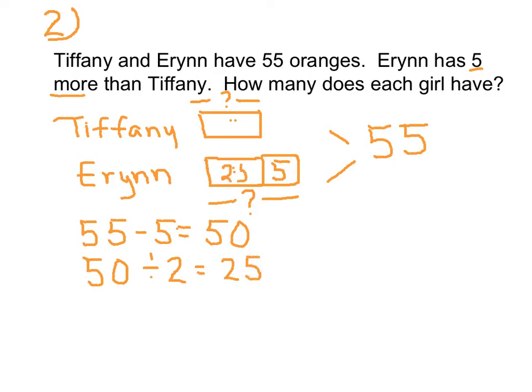So that means that Aaron has 25 plus 5, which is, of course, 30. So Aaron has 30, and Tiffany has 25. Very good.